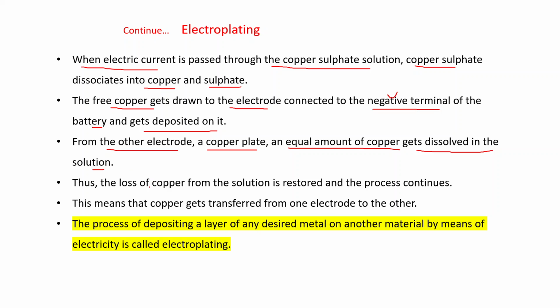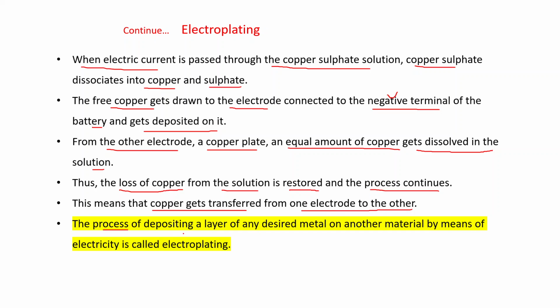So we can say the loss of copper from the solution is restored and the process continues. Simply, from one copper plate, copper ions go into the solution, and from the solution these copper ions are deposited on the other electrode. This means that copper gets transferred from one electrode to the other.